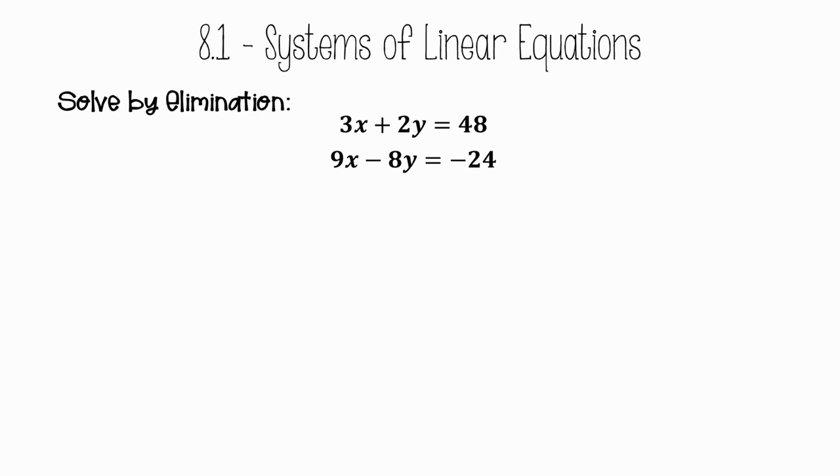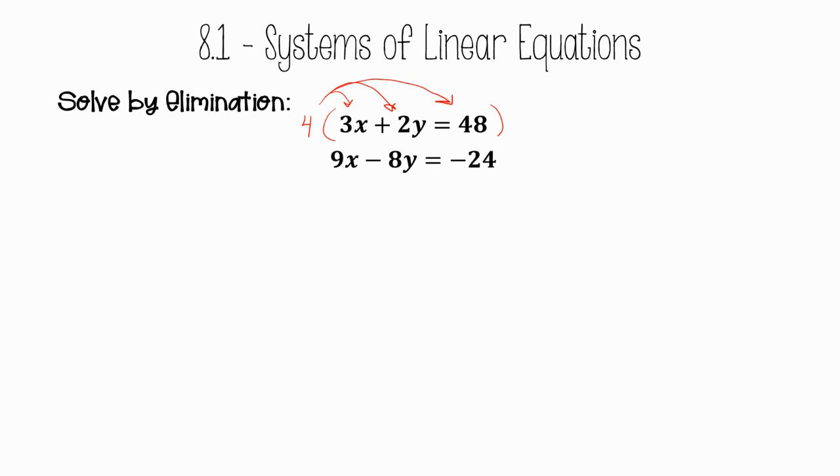Now, it's your choice. I like to do the addition method where we get opposite coefficients. Whether you want to get rid of x or y, it doesn't matter. Since y already has a positive and a negative, I'm going to multiply this equation so that we have common coefficients. I want 8, so I'm going to multiply this by 4. And we do it to each term.